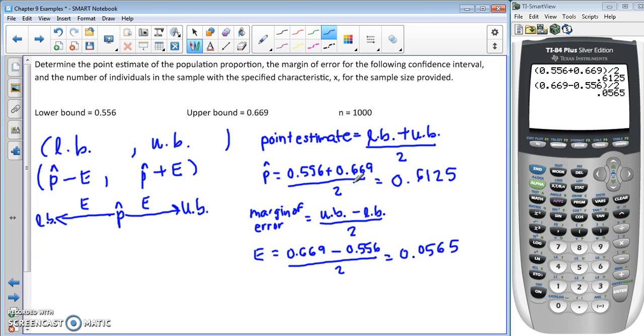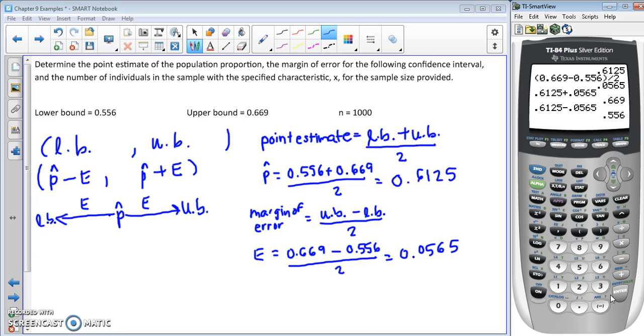If I take my point estimate of 0.6125 and add 0.0565, I should get my upper bound, and I do. Or if I take my point estimate and subtract the margin of error, I should get the lower bound, and I do.